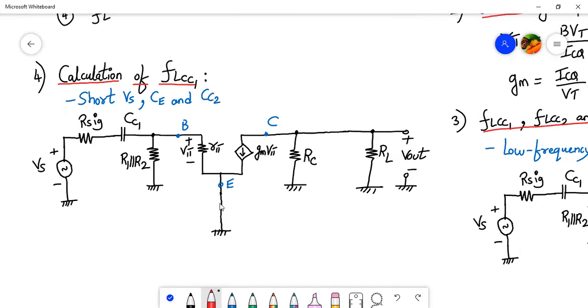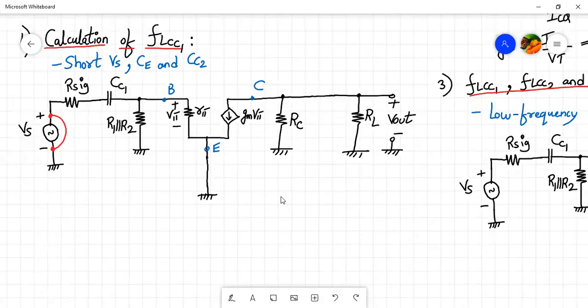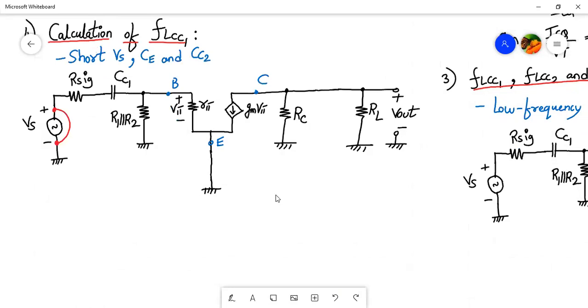Here the bypass capacitor CE is shorted, here the coupling capacitor CC2 is shorted, and now we will short VS. We have done the analysis last time, so let's revise. The impedance offered by this current source is infinite, so the entire left part of the circuit is gone. Infinite means it's an open circuit.